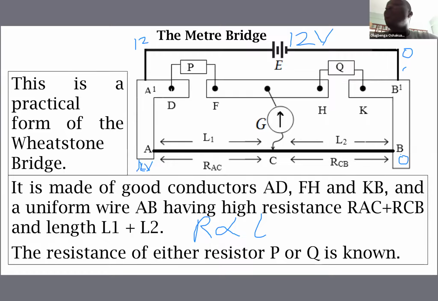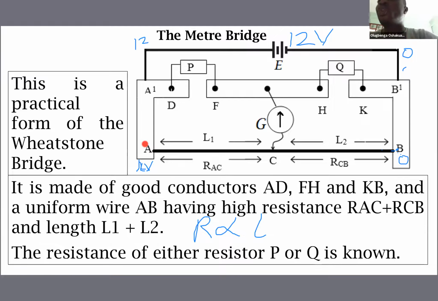And that means that when you measure the voltage from point B to any other point on the wire, it will be increasing from B to A. That means that the potential in this wire AB, which is a resistance wire, increases from B to A. In fact, B is 0 and A is the potential of the battery.